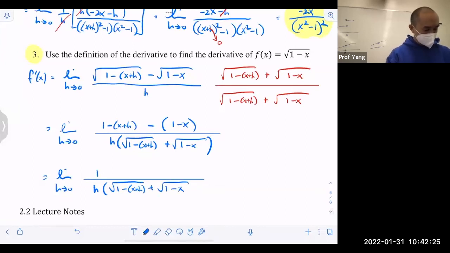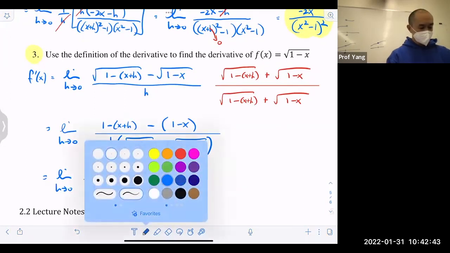You're going to get 1 minus x minus h minus 1 plus x. So the 1 and the minus 1 cancel each other out. The minus x and the plus x cancel each other out. Just going to have negative h over h.